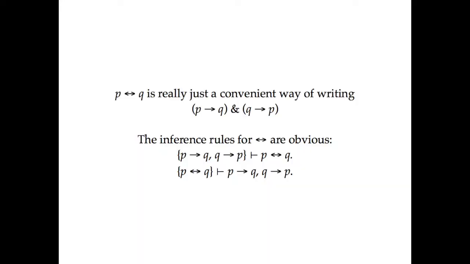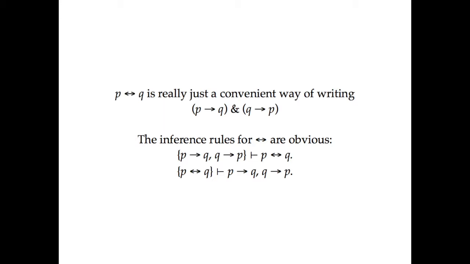Now, the only logical connective we have left is if and only if, the arrow that points both directions. All you need to know about this symbol is that p double arrow q is just a convenient way of writing p arrow q and q arrow p. And so the inference rules for if and only if are really just identical to the inference rules that we use for and. The introduction rule says that if your premises are p arrow q and q arrow p, those premises prove p if and only if q.